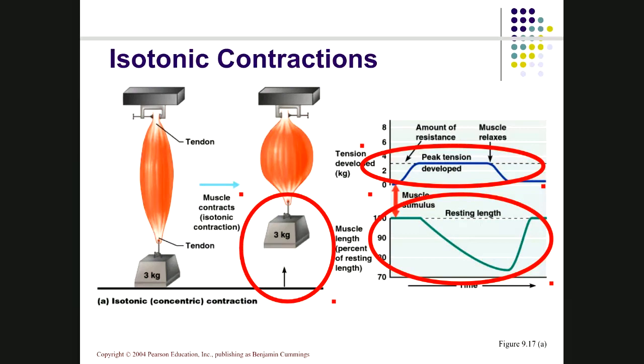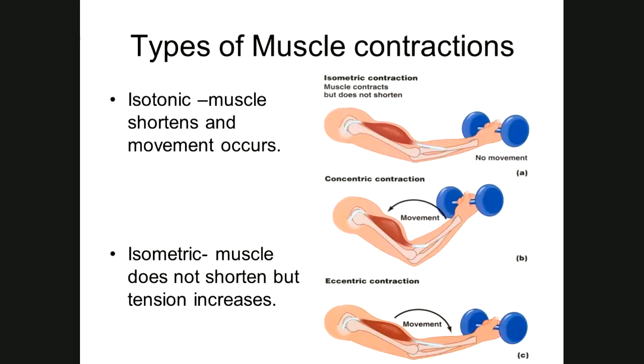Whenever I do this dumbbell curl and it gets shorter, I'm going to have to put this thing back down. And again, unless I just want to drop it, I'm going to continue to use force to put it back down. It's still going to require 25 pounds of pressure to keep it from falling.